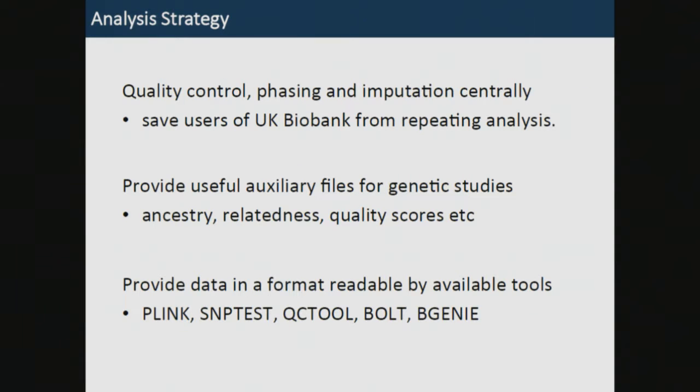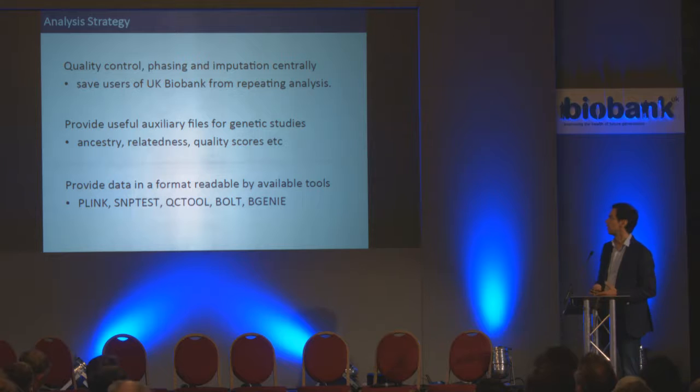And so this chip was run on 500,000 people, and because this data is of great interest to many researchers, we tried to do a lot of work up front for them. Quality control and various computational processes were run on the data to avoid every single researcher repeating that process.